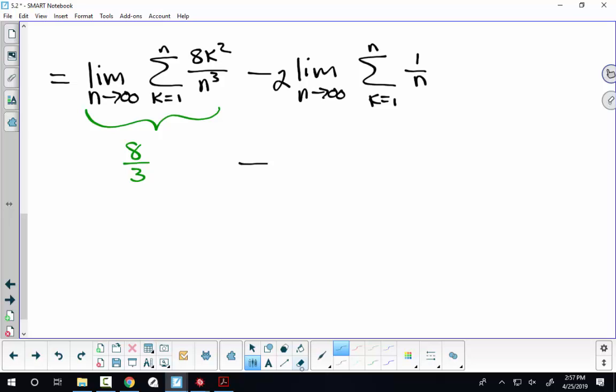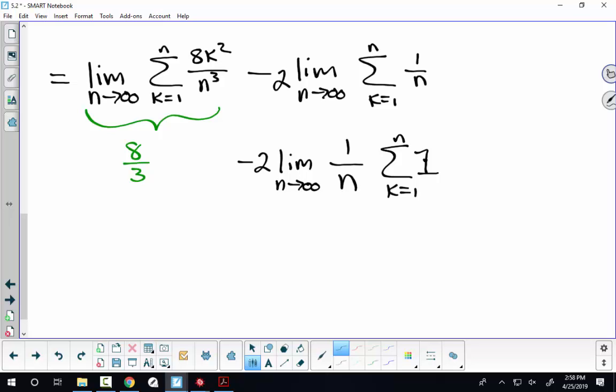So we have minus 2 times the limit as n approaches infinity. The 1 over n stays in front of the limit, but outside of the summation. Sorry, this is 1 here, if we take out that 1 over n. So now this fits the first line of that theorem.